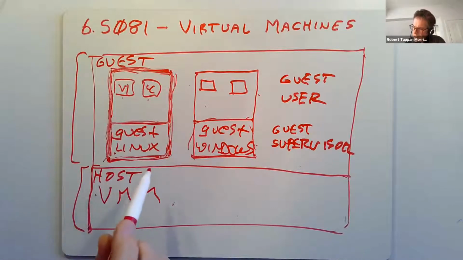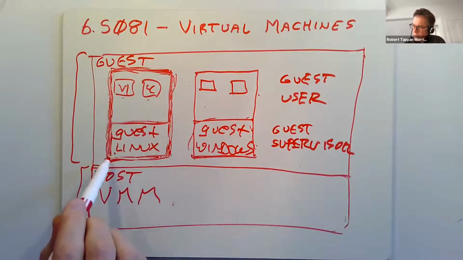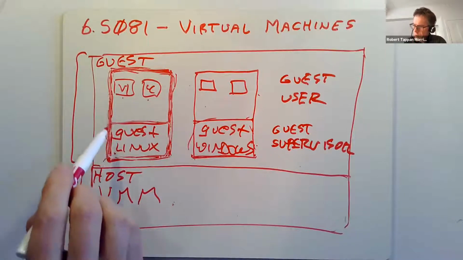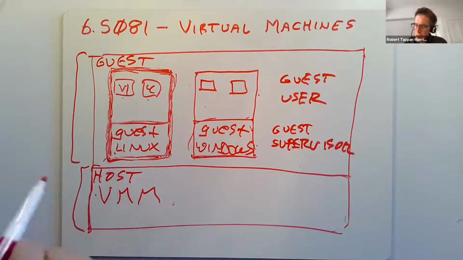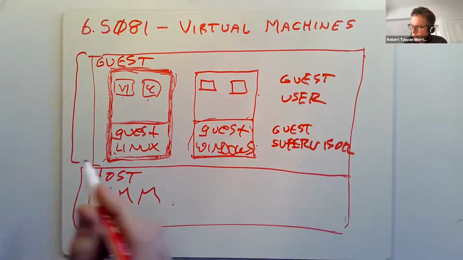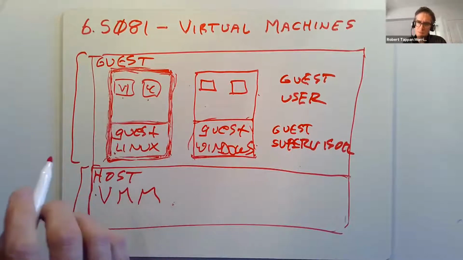Now in practice, I've pitched the goal as being a completely faithful emulation of a physical machine. In fact, it turns out that for performance reasons, this is often blurred.